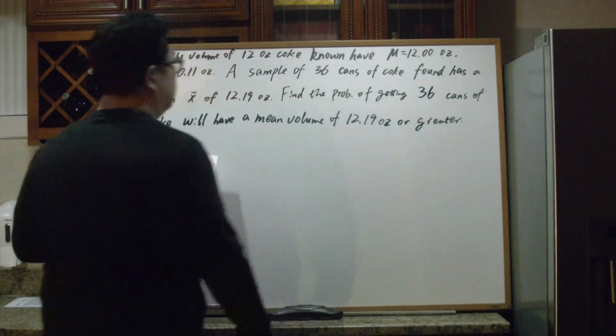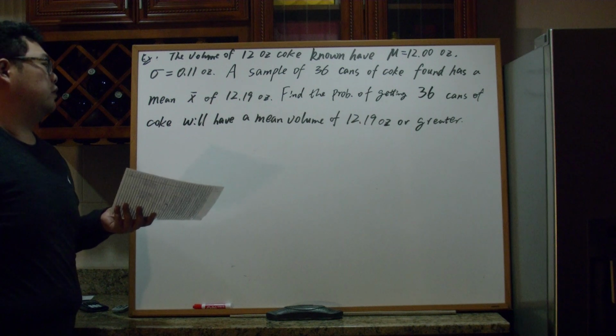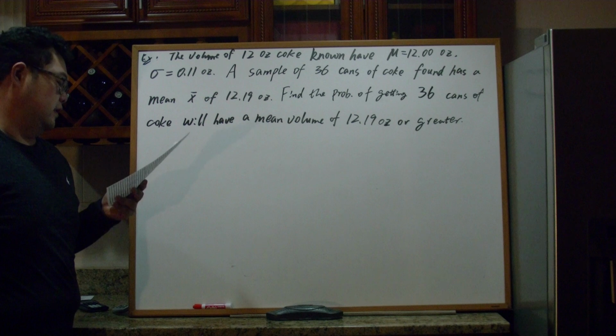So we find the probability of 36 cans of Coke having a mean volume of 12.19 ounce or greater.